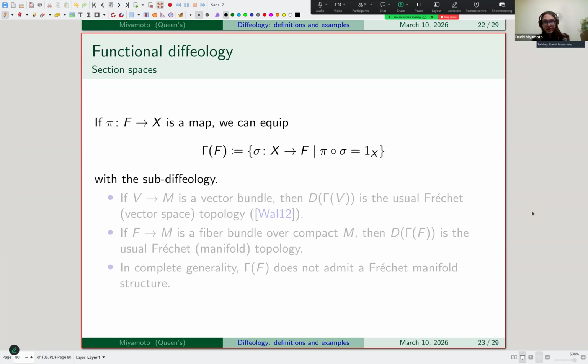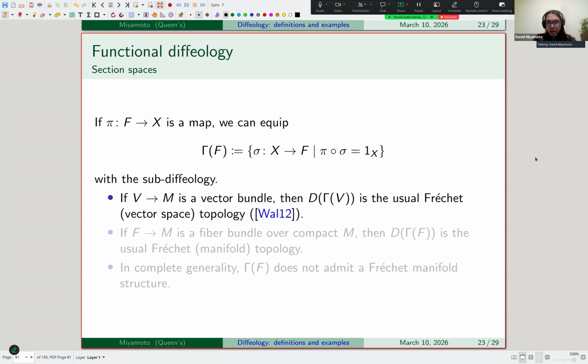We also have section spaces as an example appearing in nature. If I have a map, I can take the space of sections of the map. I guess if it's not surjective, this is empty, so let's think of pi as a surjective submersion. So I have the space of sections, and I give it the subdiffeology from its inclusion in that space.